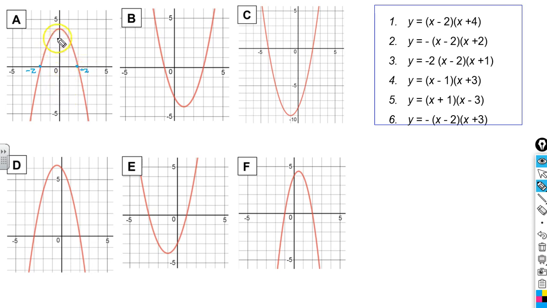We can tell that the y-intercept is here at positive 4. When we look at graph B, we can see that the y-intercept here is at negative 3. We can see that the x-intercepts are at negative 1 and positive 3.